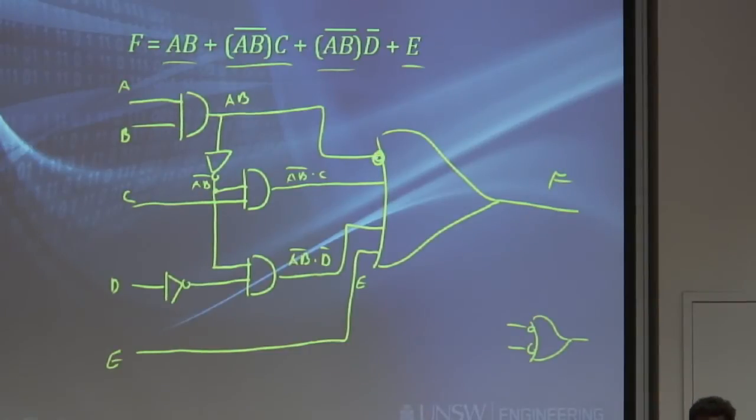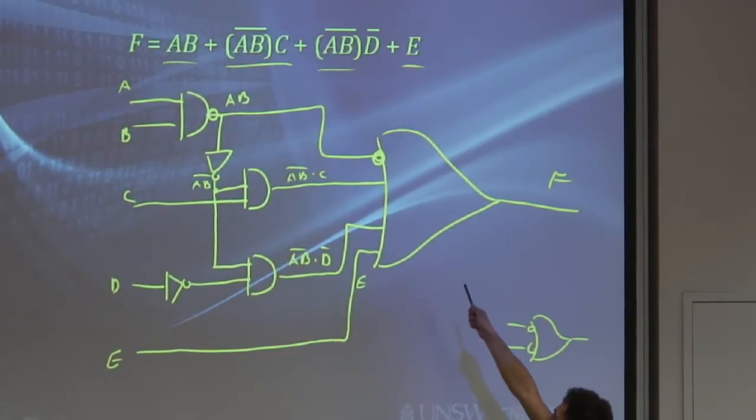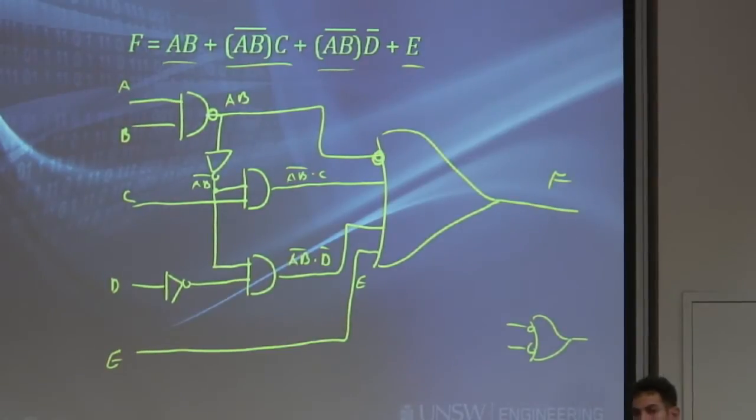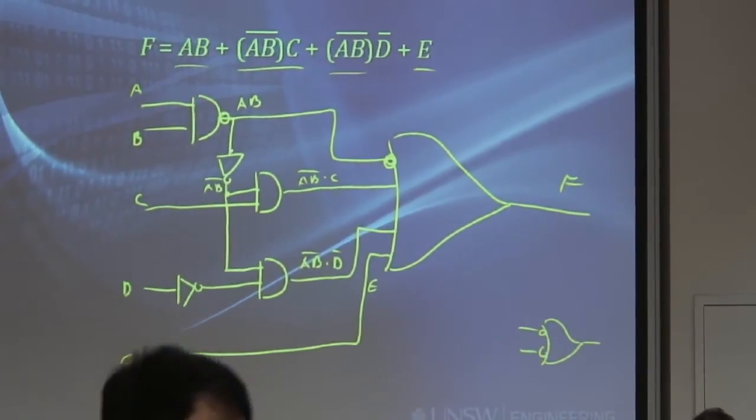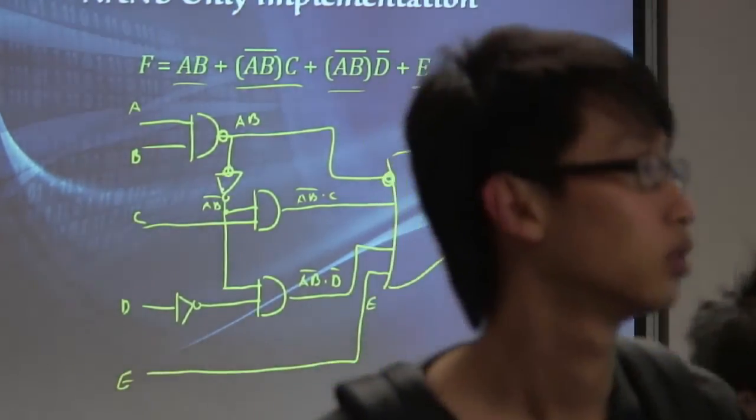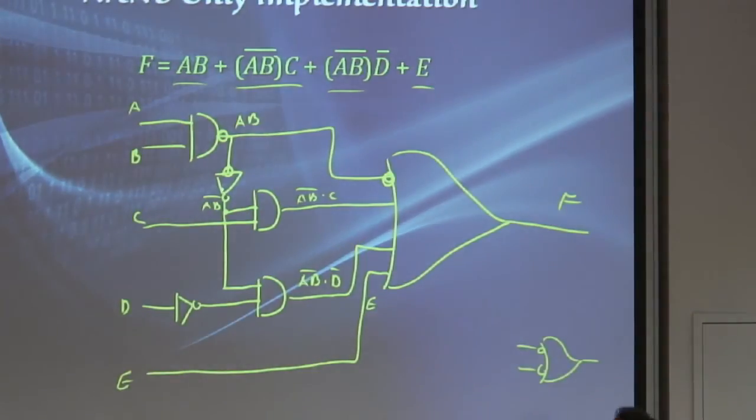So I inverted this input here. I have to invert it on the other side. Now, the inversion comes from here. So once I invert there and I invert it back, the input to the OR gate is unchanged. The problem is that once I inverted this output here, the signal that goes through this inverter here is also the inverse of A and B, and not just A and B. So I have to account for this by putting a bubble at the entrance to this inverter as well.